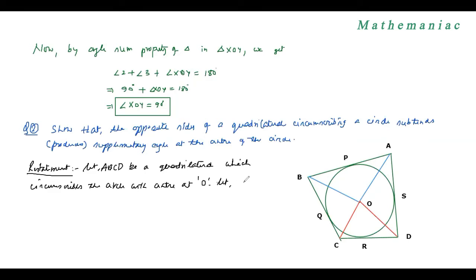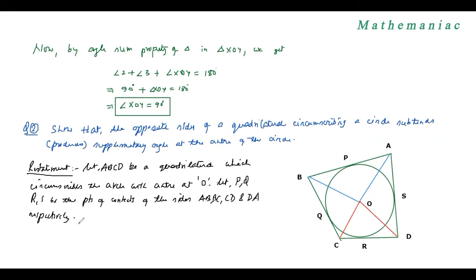Let P, Q, R, S be the points of contact of the sides AB, BC, CD, and DA, respectively.